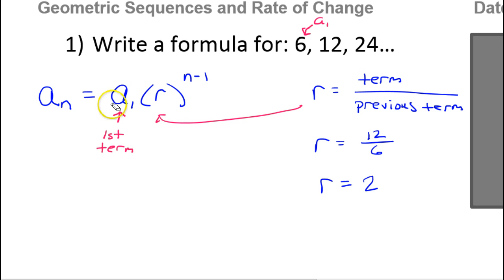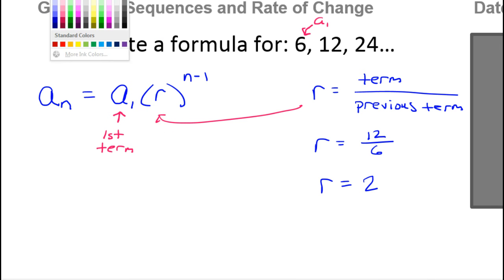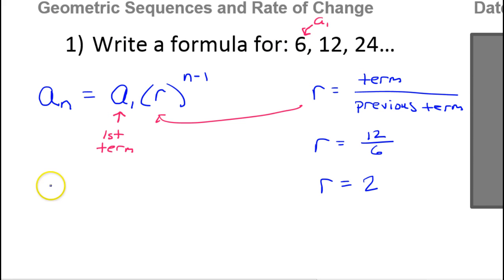Okay, so that means we need two things. We need the first term and we need the r value. So the first term is obvious, so that means the rule is going to be 6 because that is the first term. Now we've just found that r is 2, and then we just put the n minus 1 power.